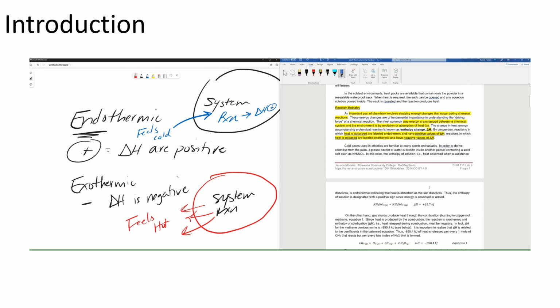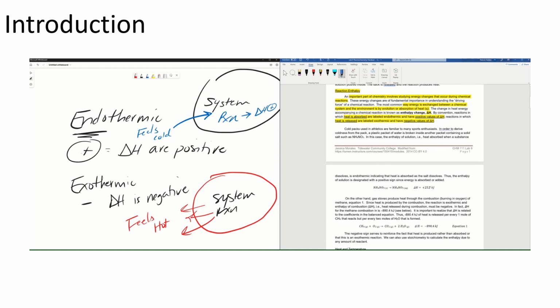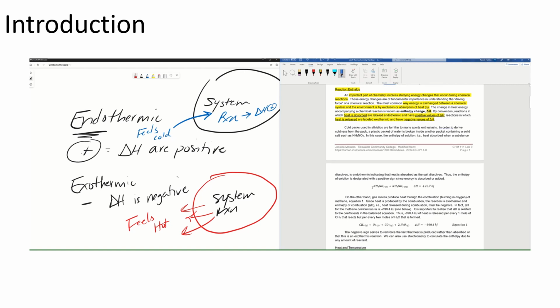The most common examples of endothermic and exothermic reactions are cold packs and hot packs. If you take a cold pack and you burst a little bubble inside, the whole thing gets cold, and it gets cold because once you burst that bubble, you release the water that then dissolves a solid, commonly ammonium nitrate. That's what we see here.